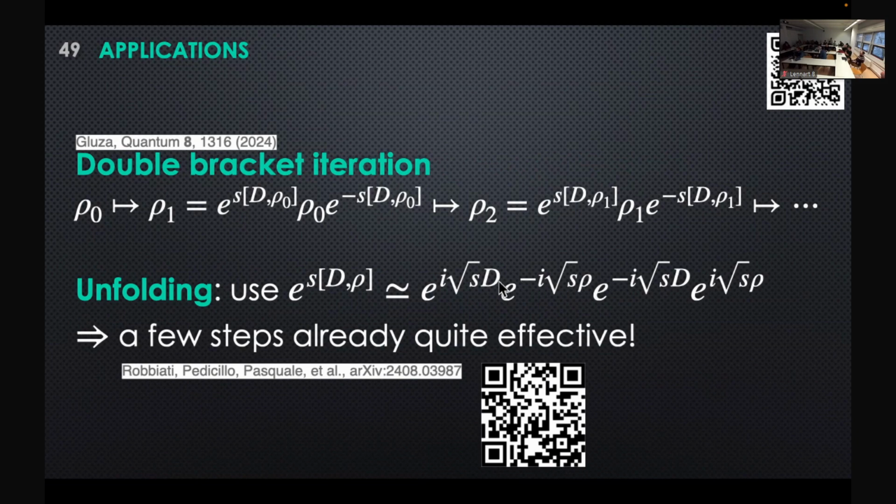D is something we can fix. It just needs to be diagonal in the computational basis, and we need the evolution by the Hamiltonian. That is one thing we need, and to determine the duration S, we need some information about the Hamiltonian, especially the operator norm and the gap. I forgot the exact form, but it's either the operator norm or the gap or both. Thank you.